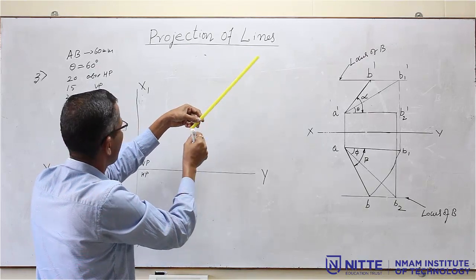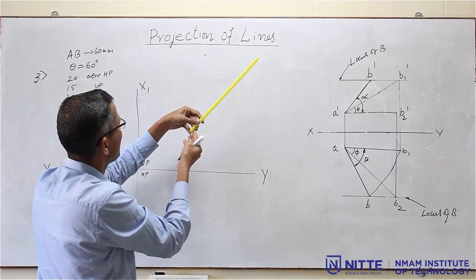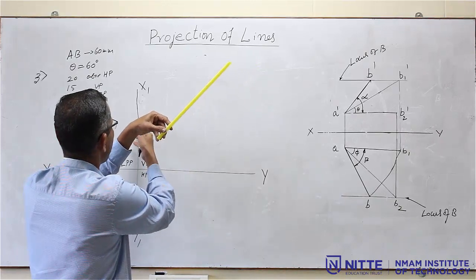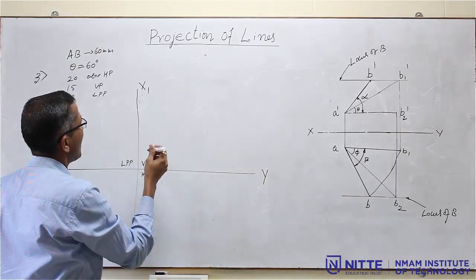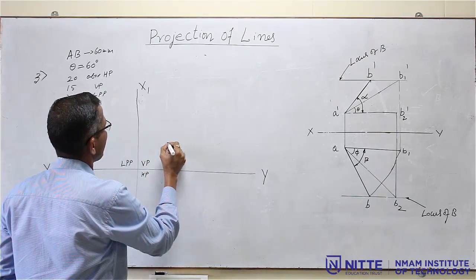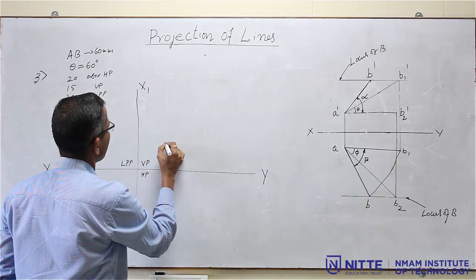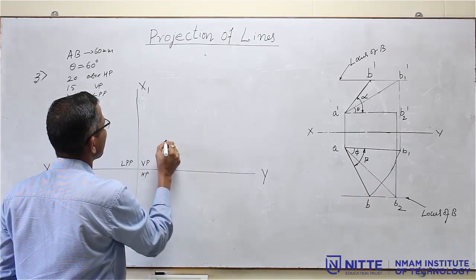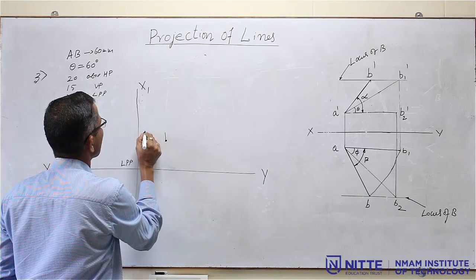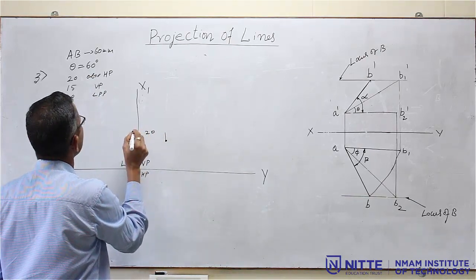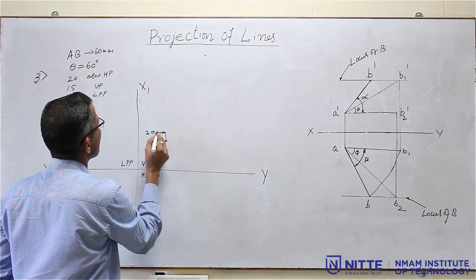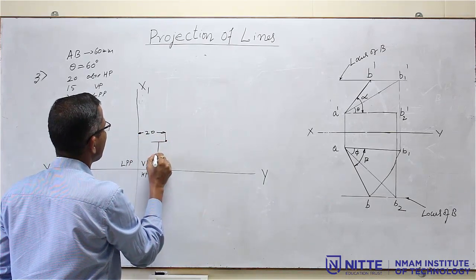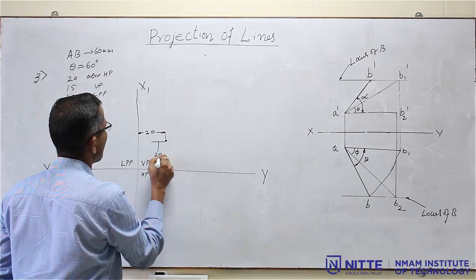They told that the lower end is 20 mm above HP and 15 mm in front of VP, and from the left profile plane 20 mm. That means I have to locate the starting point here. This is the starting point. From the profile plane it is 20 mm, similarly, from HP it is 20 mm above HP.